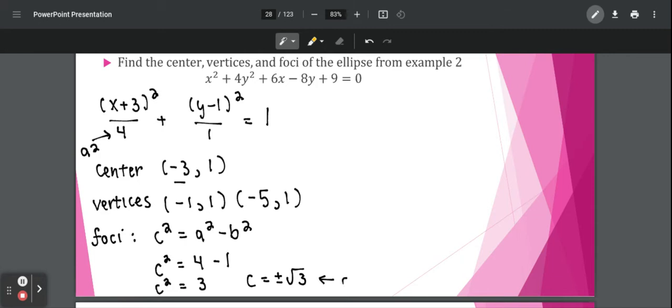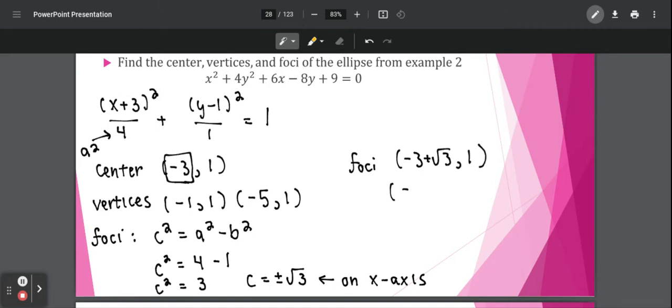So your foci are going to be on our x-axis. So this plus or minus root 3 is what we have to add to the x value of our center to figure out where those foci are. So for our foci, we'll have negative 3 plus root 3, 1 would be one focus, and negative 3 minus root 3, 1 would be where the other focus is.